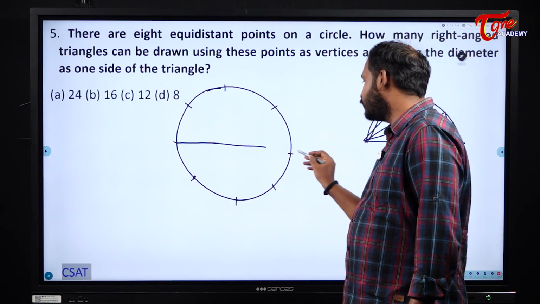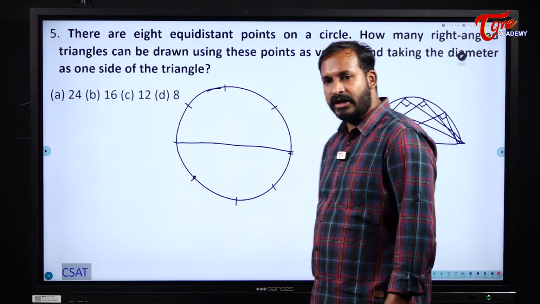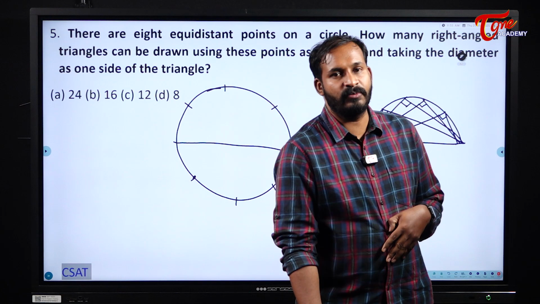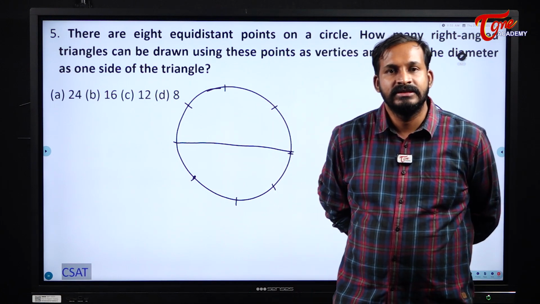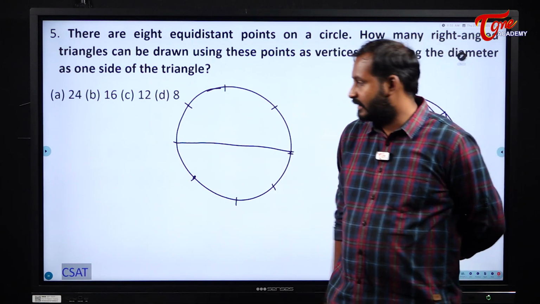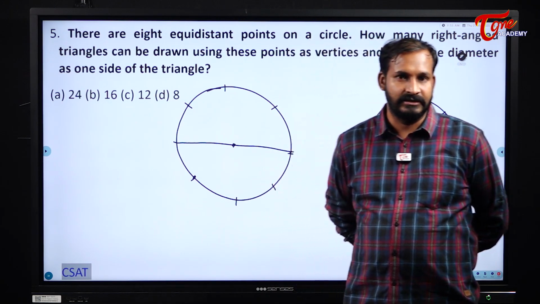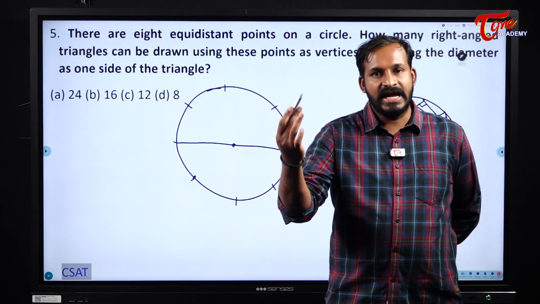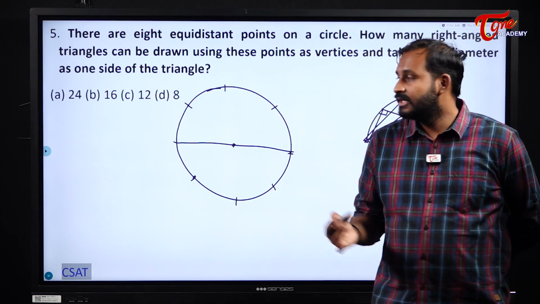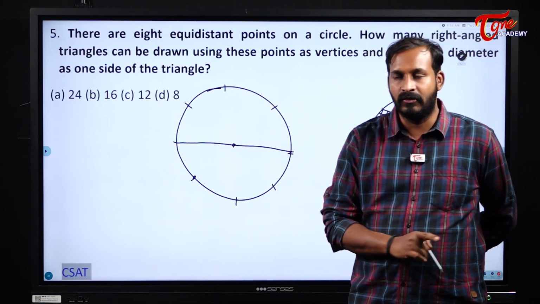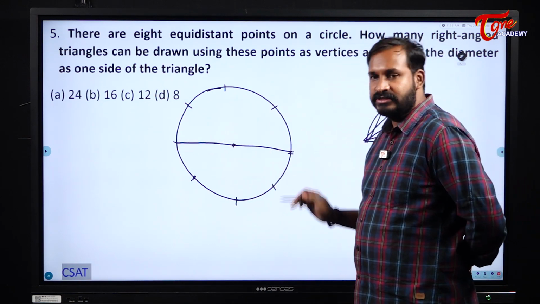Now I am joining 2 exactly opposite points in a circle. It becomes a diameter. Definitely it will pass through the center and become a diameter.